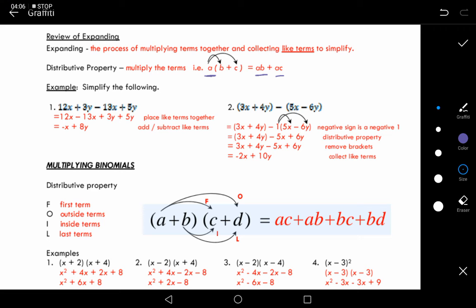Let's look at a couple more in-depth examples. It's asking us to simplify the following. The first one we have is 12x plus 3y minus 13x plus 5y. The first thing we want to do is put the like terms together, meaning the terms that have the same variable and the same exponent.